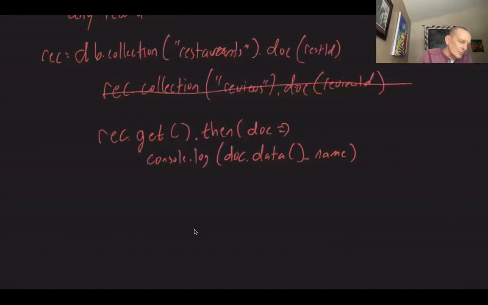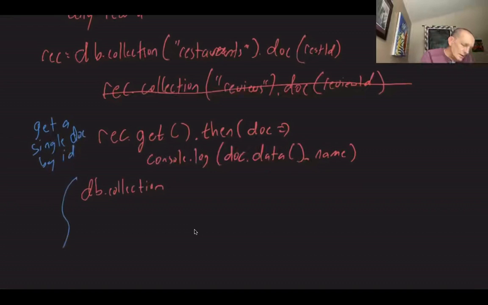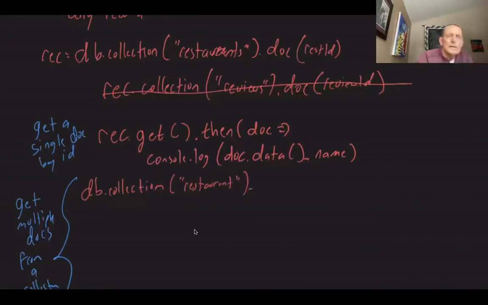As well as getting a particular document, you can also get multiple documents by doing a query. So we can go ahead and take a collection. Here we're getting a single doc by ID. Here we're going to get multiple documents from a collection. So we go ahead and do a query, and a query can have where clauses.